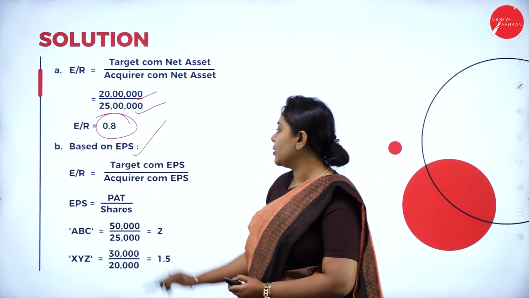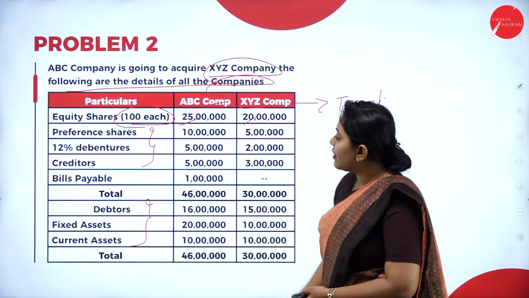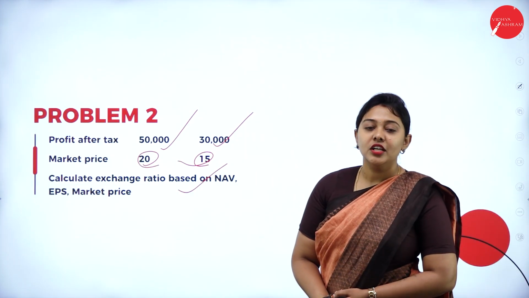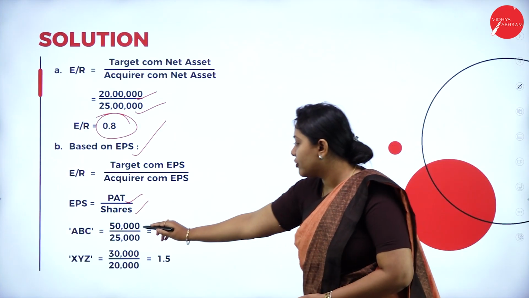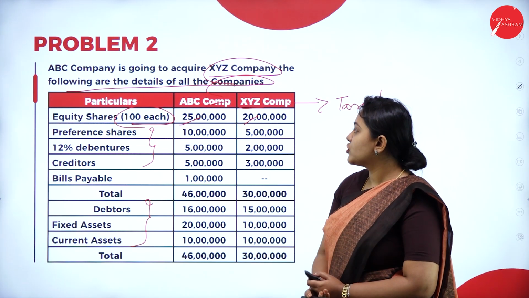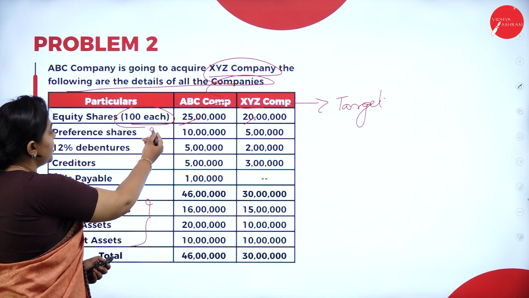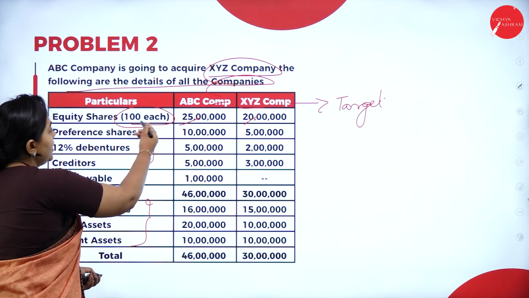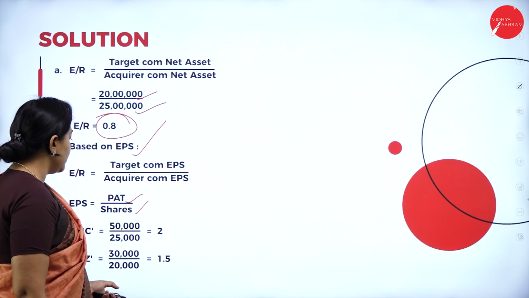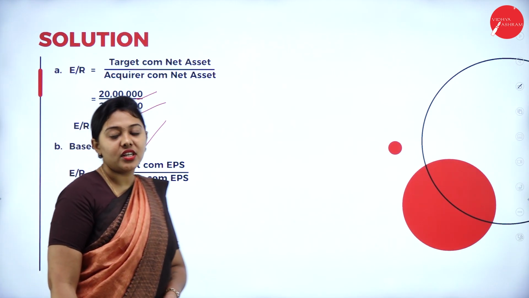Similarly, we need to calculate the EPS. How to calculate the EPS? Profit after tax divided by number of shares. Profit after tax is 50,000 and 30,000. What is the number of shares? Number of shares is equity share, that is 25 lakh divided by 100 and 20 lakh divided by 100. So it will be 25,000 and 20,000.